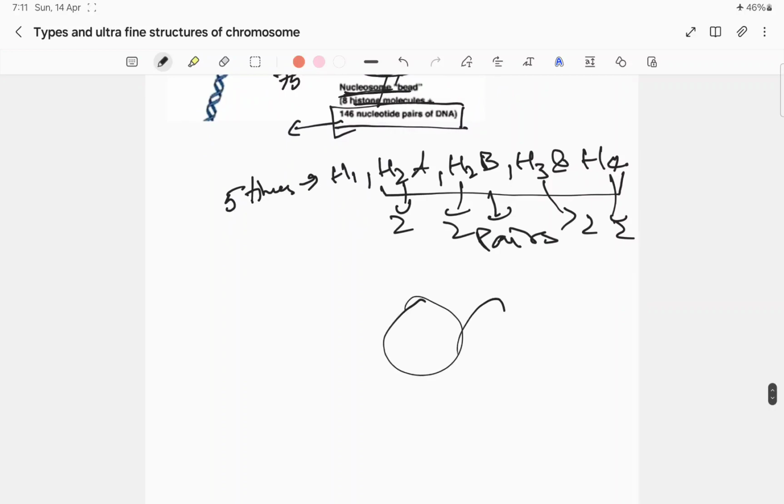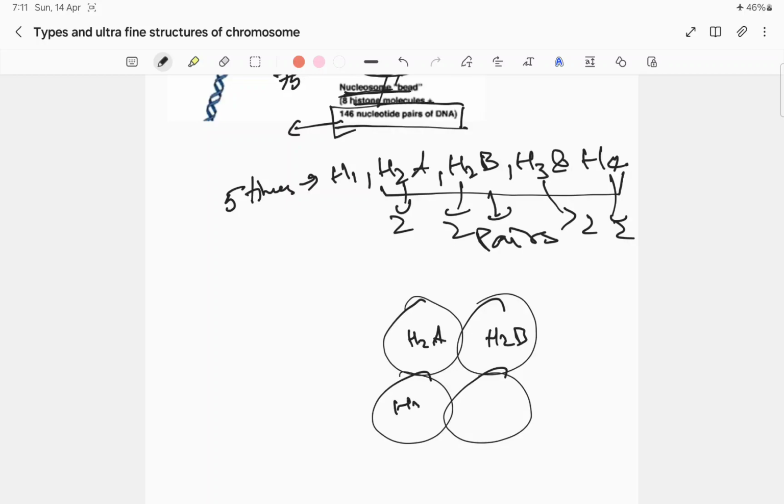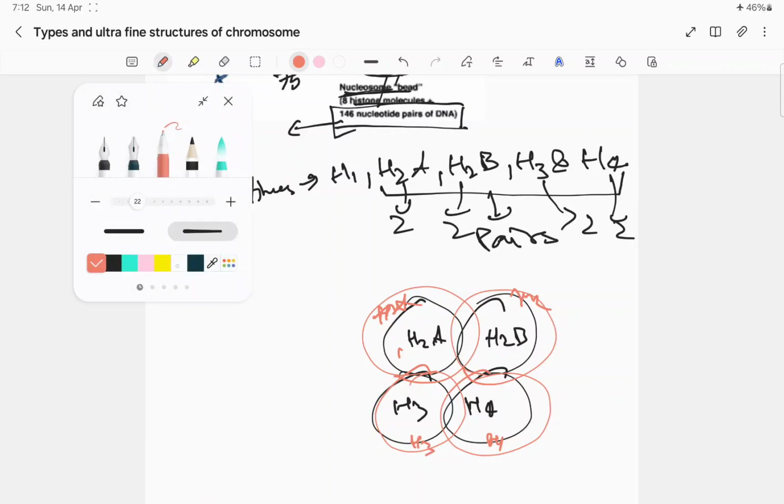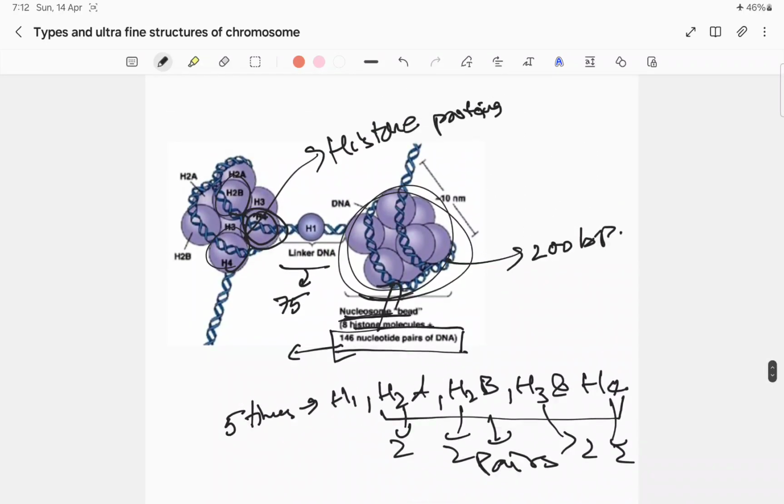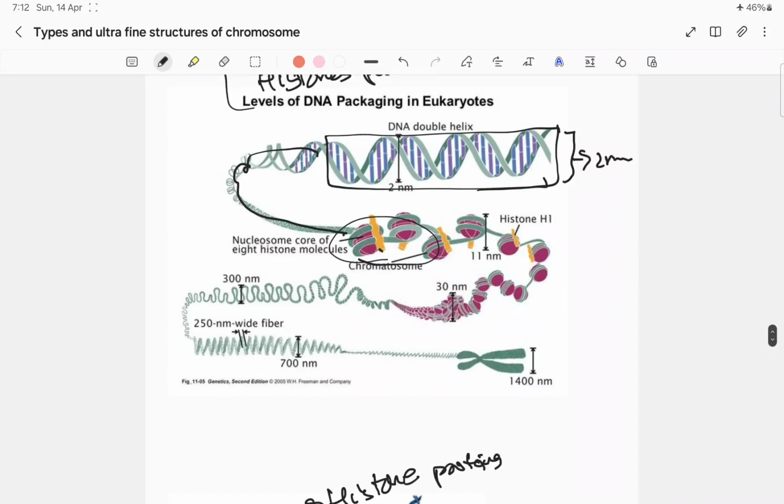And all this, see, for example, this is H2A, H2B, H3, H4, and again this one is H2A, H2B, H4, H3. Like this it will form the octamer, right? Here you can observe all the histone proteins will form the octamer.